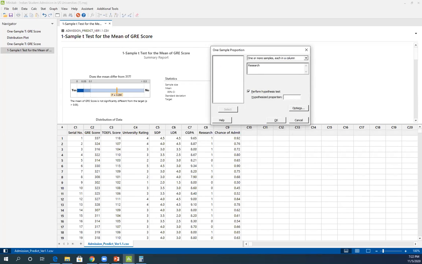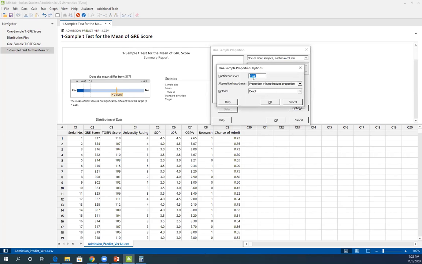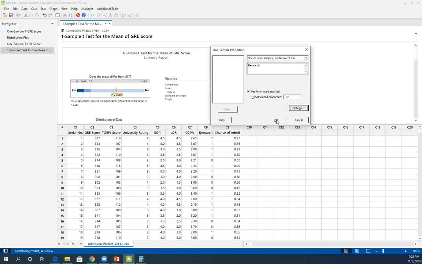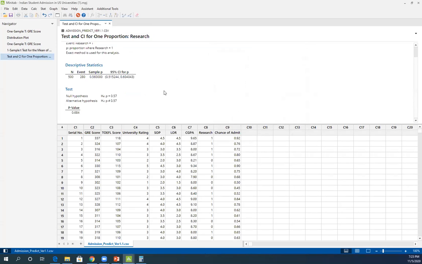Let's say I'm just going to say 57% of all the 22,000 students are having research university based on my 500 data points at 95% confidence. So null hypothesis is 57% and alternative not 57%.